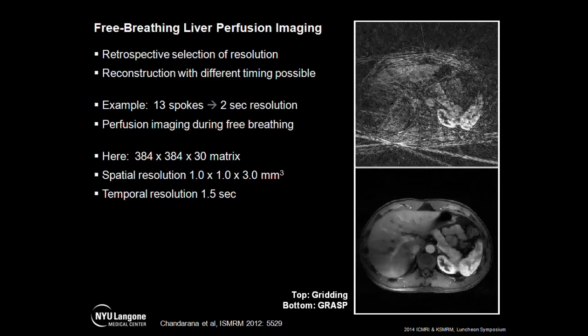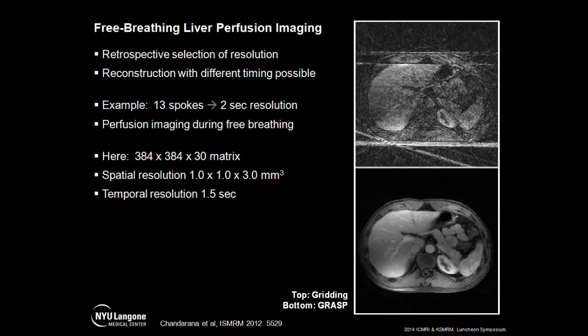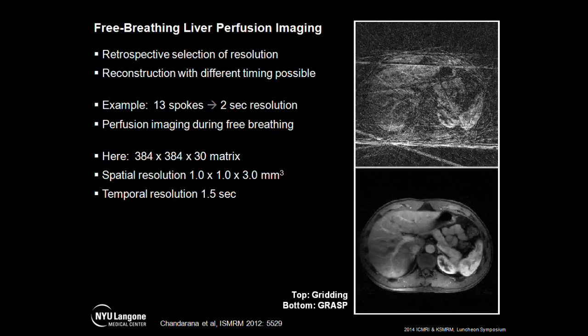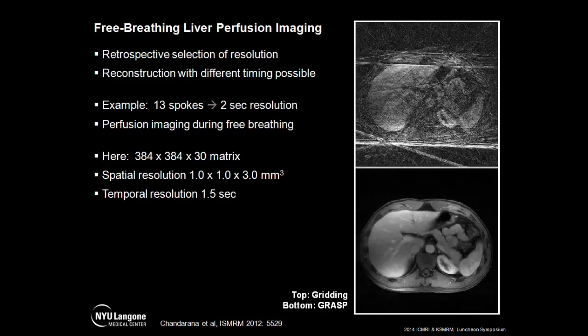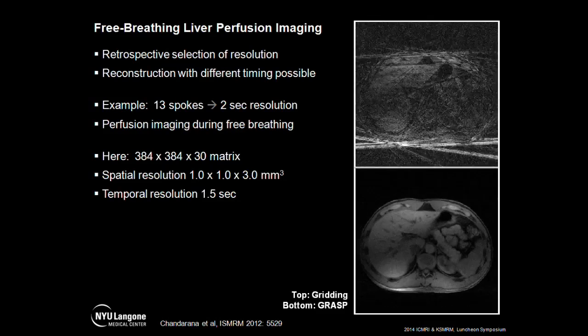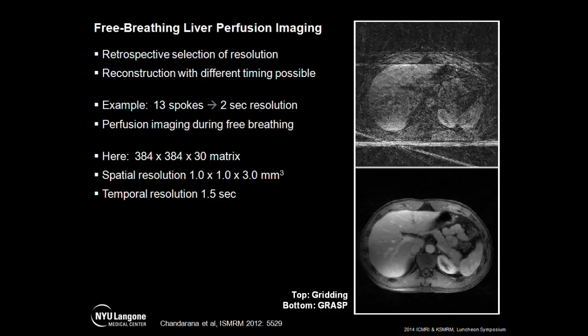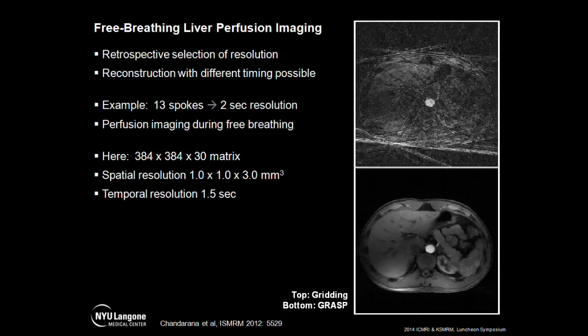In this figure, you can see such a perfusion reconstruction. Actually, in this case, the temporal resolution was even a bit higher, 1.5 seconds. On top, you can see what we would get with a conventional gridding reconstruction. If we only used gridding for the image calculation, we would get these images with strongly flickering streak artifacts, these undersampling artifacts.